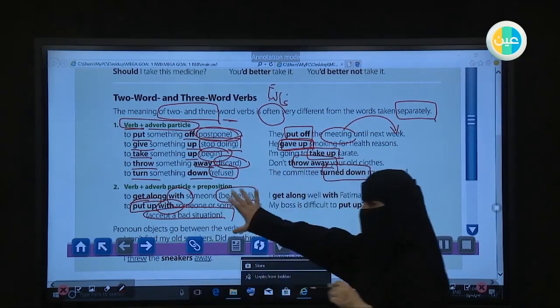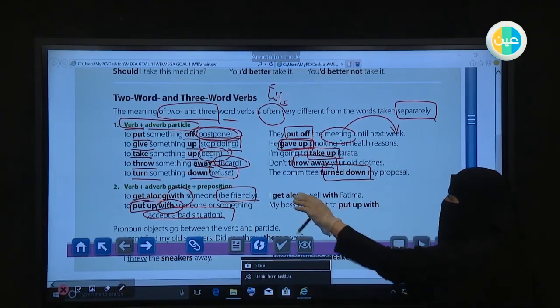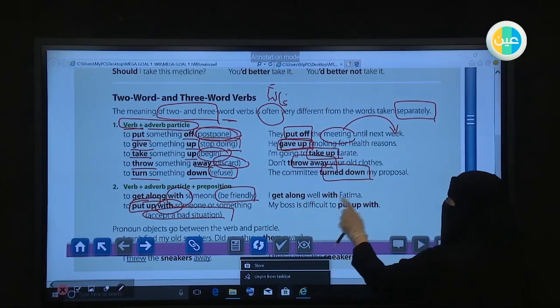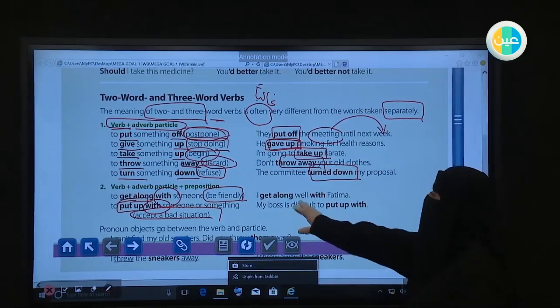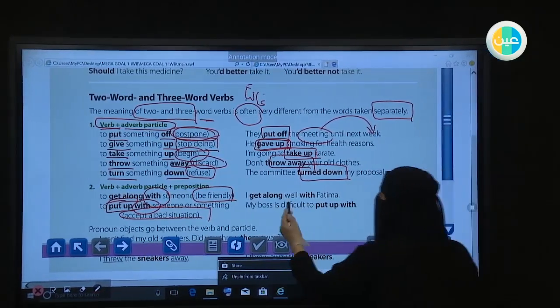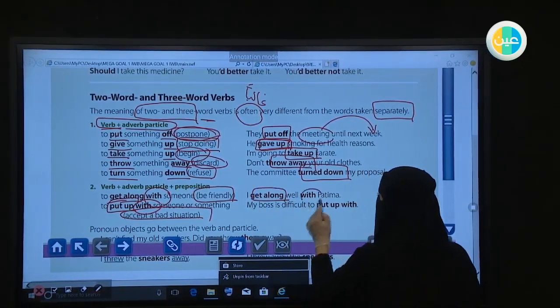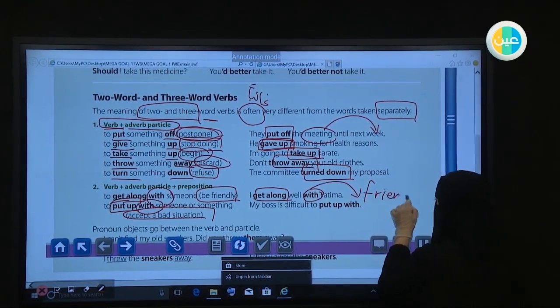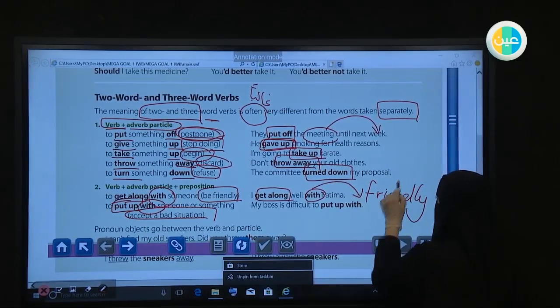Let me check the examples for that together. Number 1, to get along with. I get along well with Fatima. So get along with means be friendly. Okay?